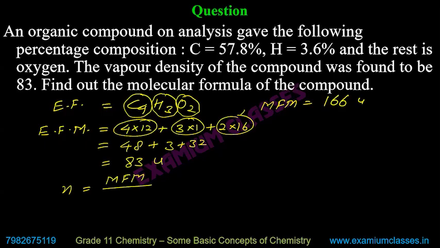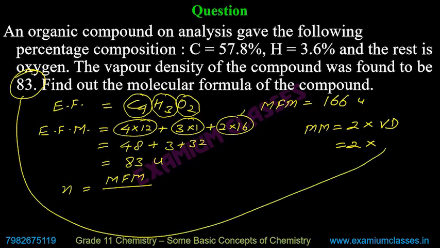That's a good question. Molecular formula mass is equal to twice vapor density, 2 into vapor density. Were you connected when I explained that? No, sir. Okay. So molecular formula mass or molar mass is twice the vapor density. So 2 into vapor density 83, that is 166 U. Is that clear?